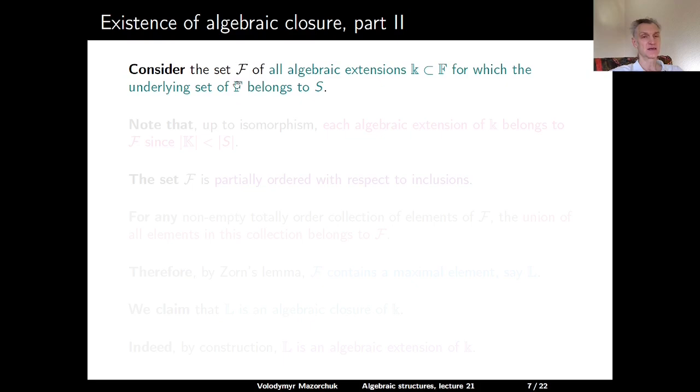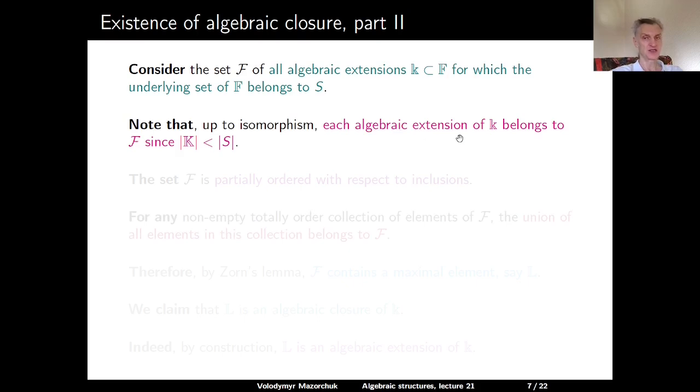Now consider the set F of all algebraic extensions from K to capital F, for which the underlying set of the field capital F, so for the bigger field, belongs to S. Note that up to isomorphism, each algebraic extension of K belongs to this list F because the cardinality of the set of algebraic elements is strictly smaller than the cardinality of our set S. Also, our set F is partially ordered with respect to inclusions.